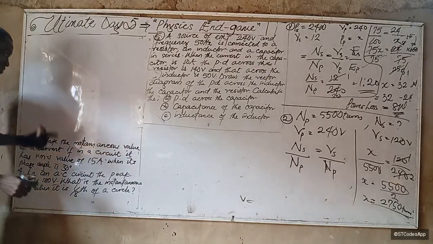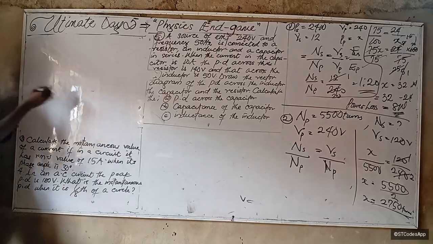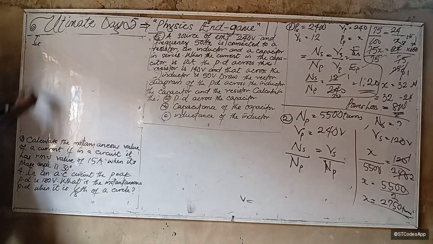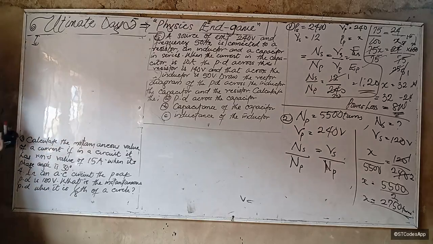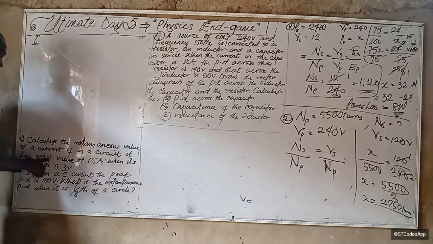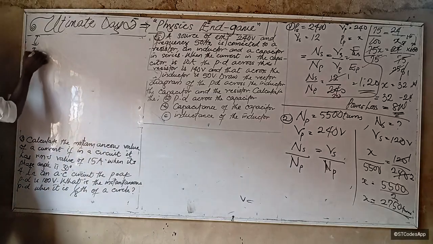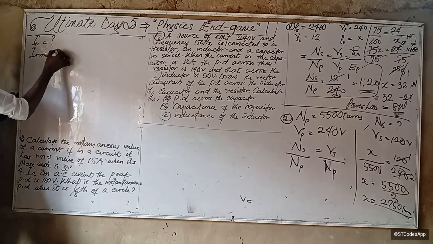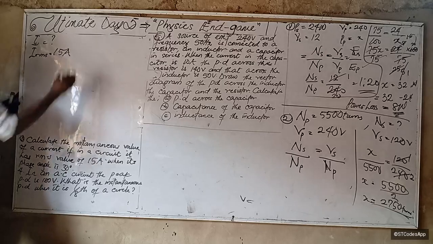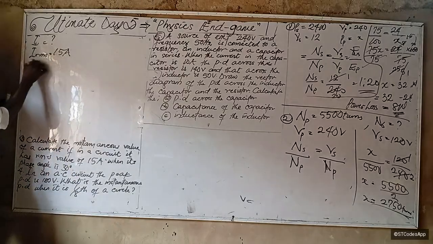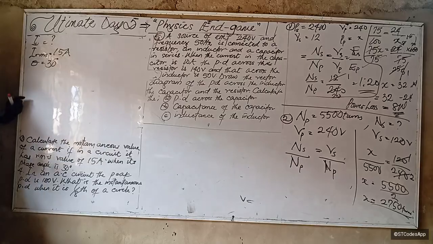So we are calculating the instantaneous current, that is the current at a particular time, I sub t or just I. Is that okay? It has an RMS value, so I RMS is giving us 15 amps, when its phase angle is 30 degrees, so theta is 30 degrees.